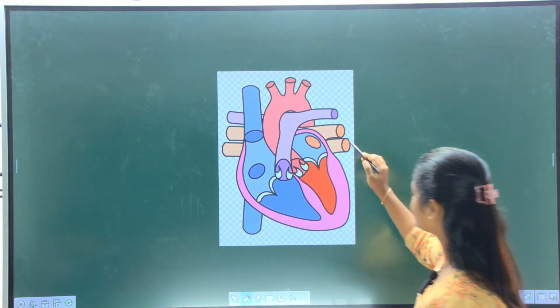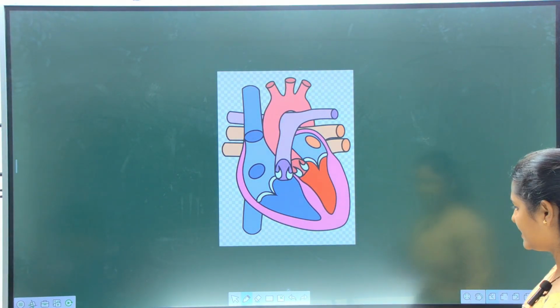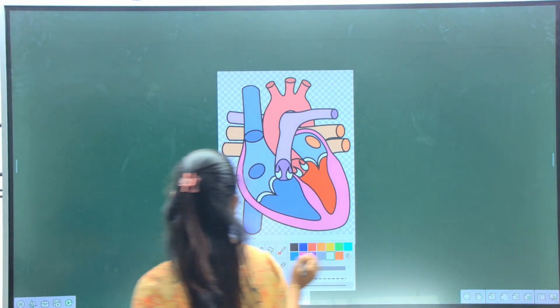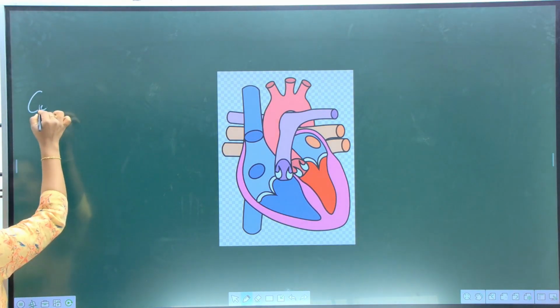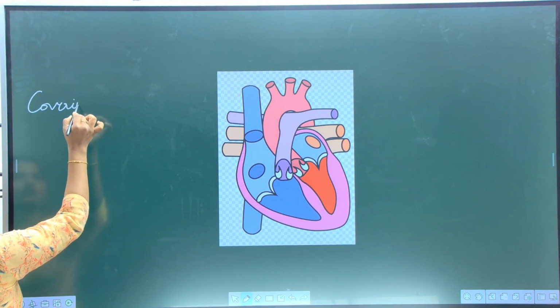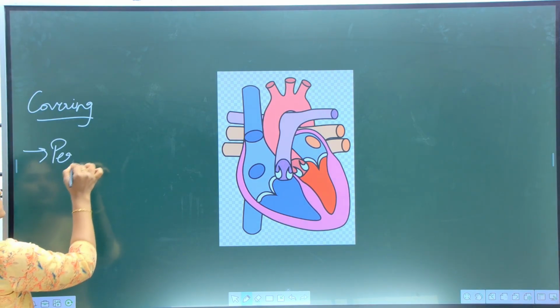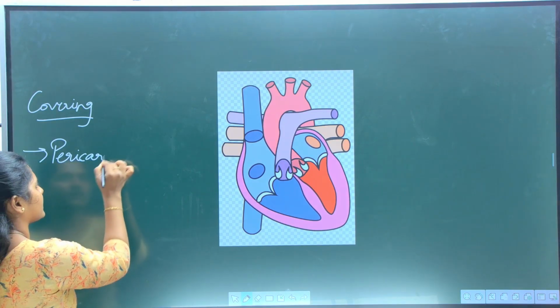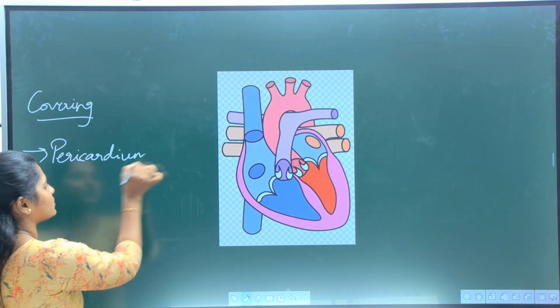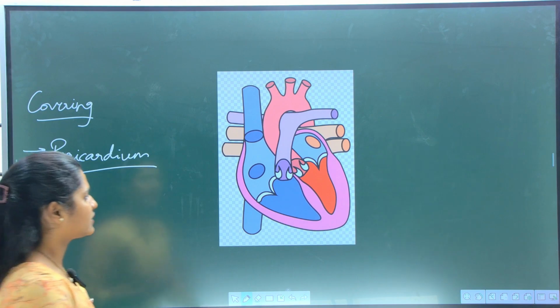Now coming to the covering of the heart. Here, the pericardium is the outermost layer. So this is the outermost protective layer of the heart.